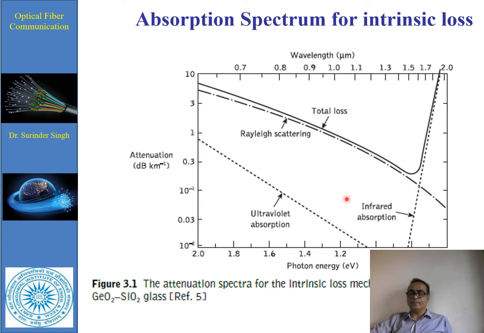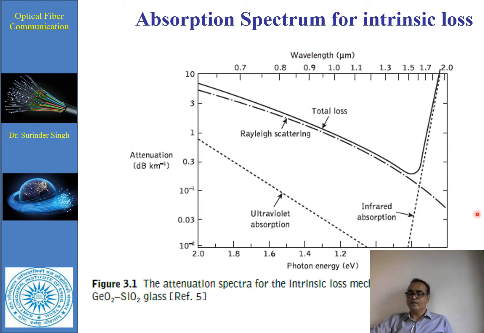The imperfection of the atomic structure of the fiber material, such as missing molecules or high density clusters, is formed. Although it has a negligible effect compared to intrinsic and extrinsic absorption, there is an effect.